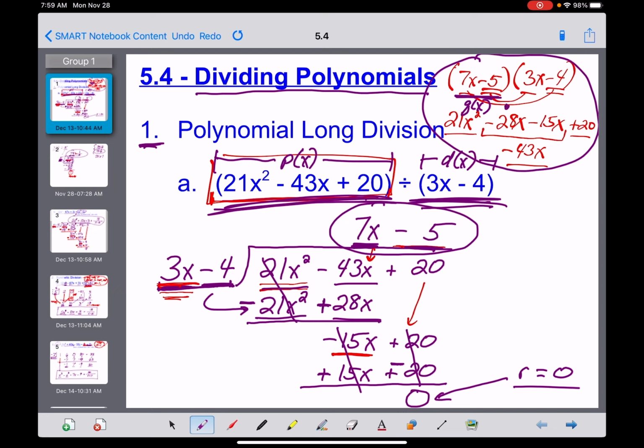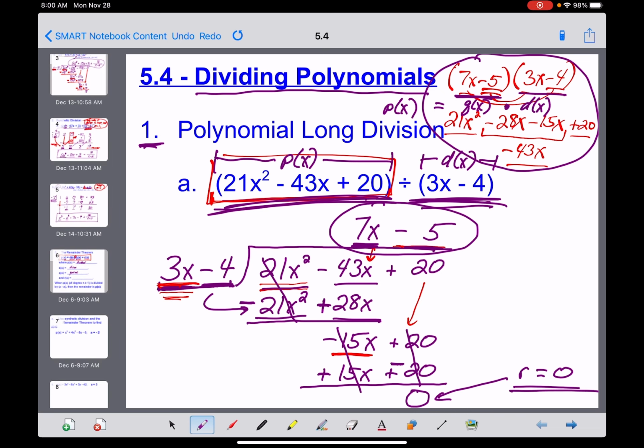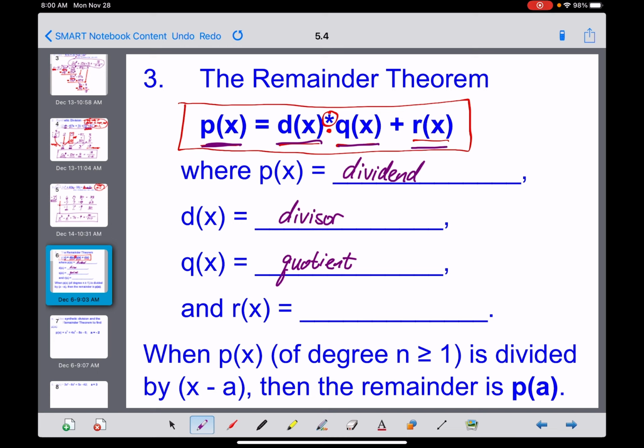We multiply that by 3x minus 4, the divisor, which was d of x, and in this case, that worked out to equal the original polynomial p of x exactly, because this problem had no remainder. But in some cases, there is this little thing that gets added at the end, so r of x is the remainder, which doesn't show up in every single problem, but certainly does show up quite a bit.